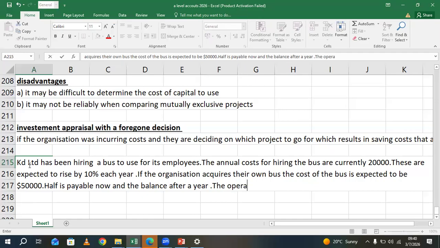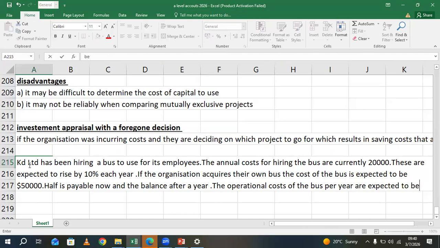The operational costs of the bus per year are expected to be $2,000.